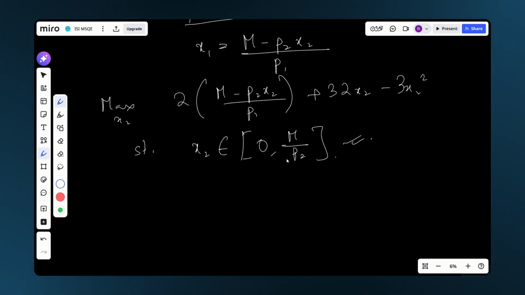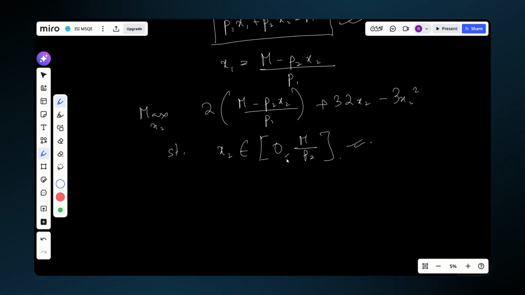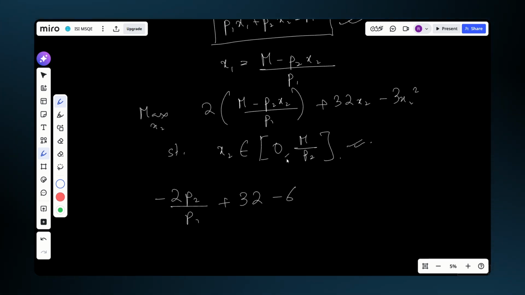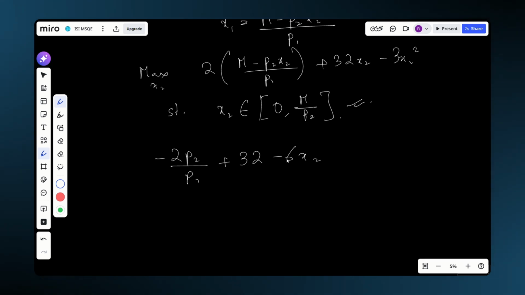So this is your constraint. Now I will do our normal differentiation with respect to x2, and I will get minus 2p2 by p1 plus 32 minus 6x2. This is what I get after differentiation.